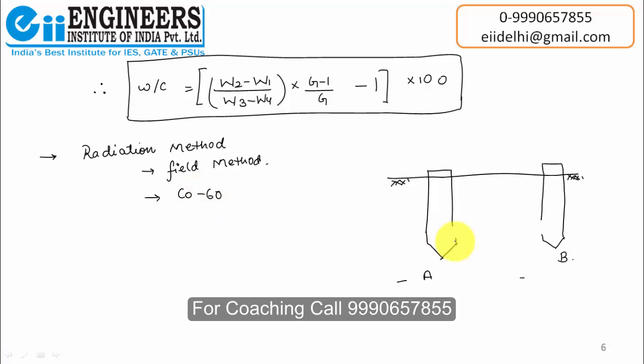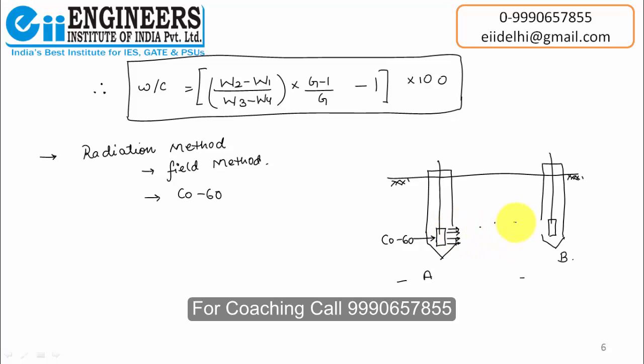It is placed in casing A. So we lower down the cobalt 60 isotope material, and in the second one we lower down the detector, which basically detects the neutrons coming from the cobalt 60. So this is cobalt 60. Okay, so when this cobalt 60 is activated, it emits neutrons.